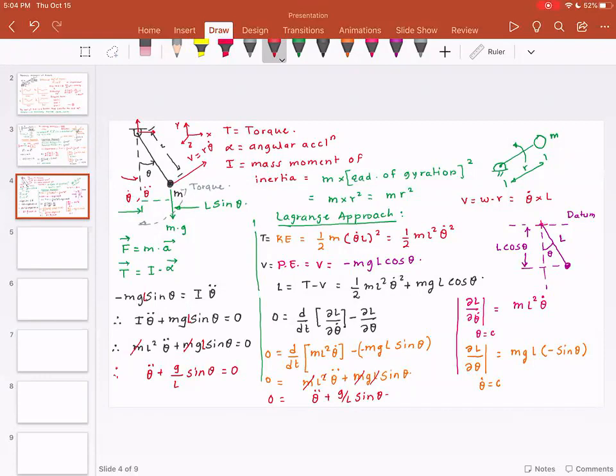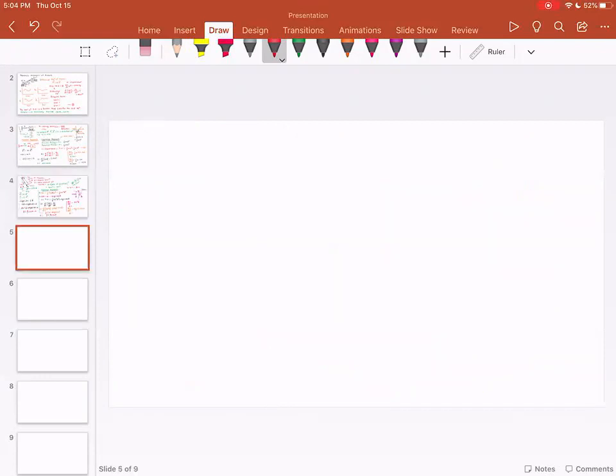Okay. Now what I want to do is talk about something called, what do I mean by solution of the differential equation? And this stuff is super important material.